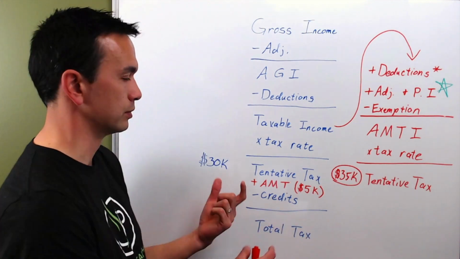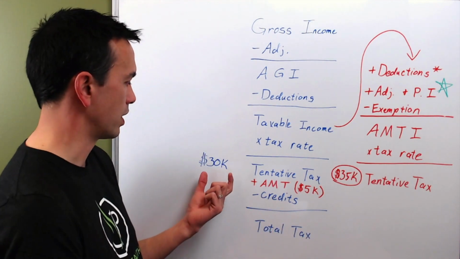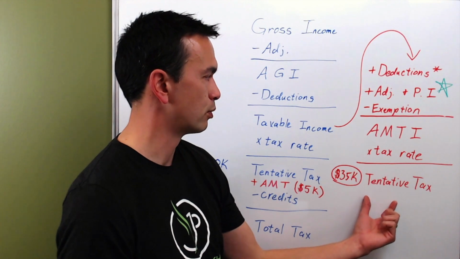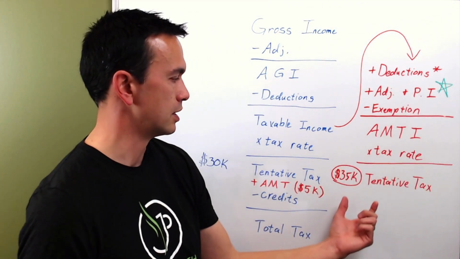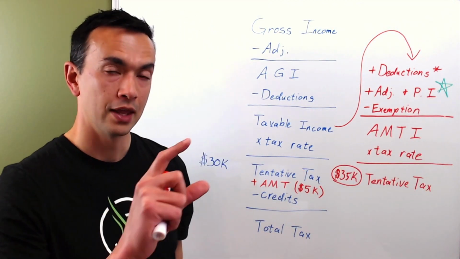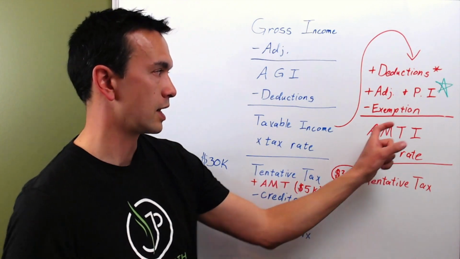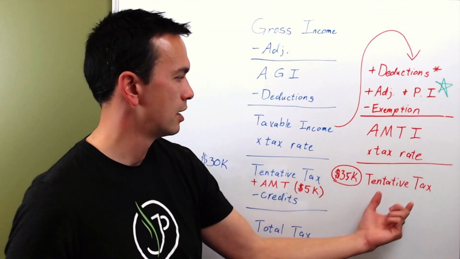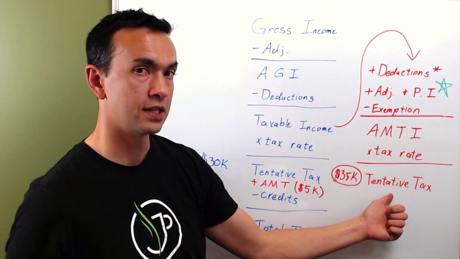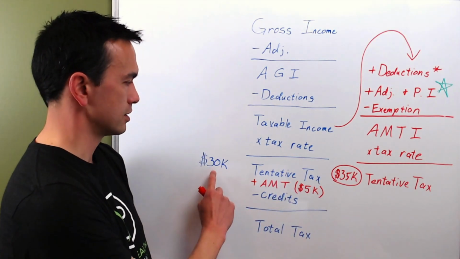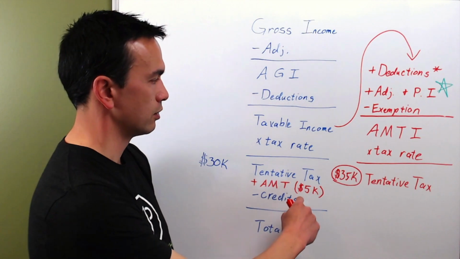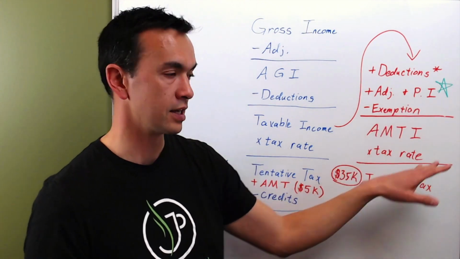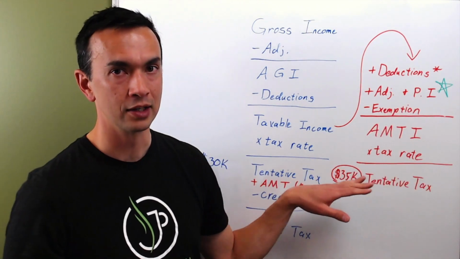So let's just say in our example that we have $30,000 here, and then this one without any of these adjustments is $20,000. What that's saying is that you can actually start exercising some amount of ISOs, and you can increase this tentative tax, but make sure that it doesn't go over this, so that you can actually do an exercise without paying any sort of AMT.